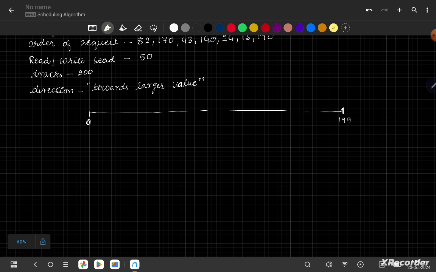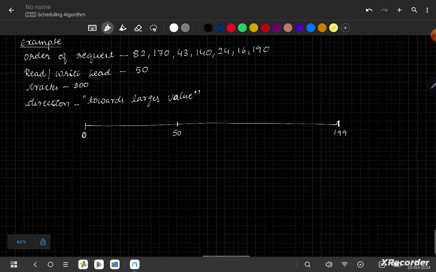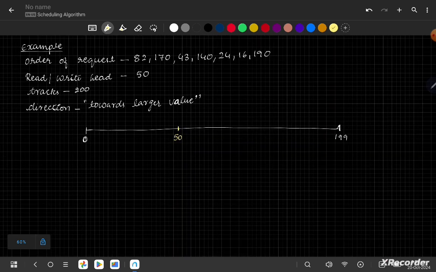The current position of the read and write head is at 50. Now since my question says towards the larger value, I will be going towards my right hand side. So after 50, the next larger value is 82. My arm moves to 82 first. What does it say?